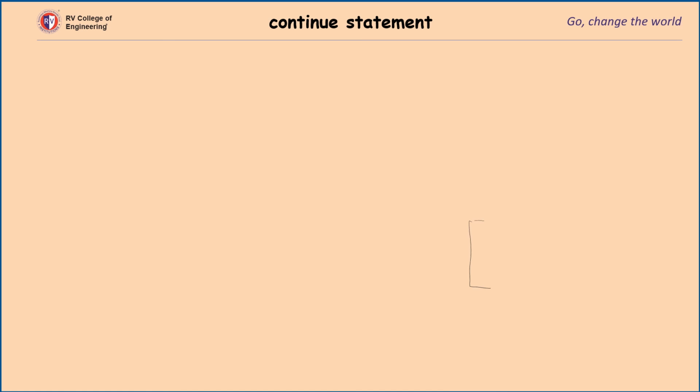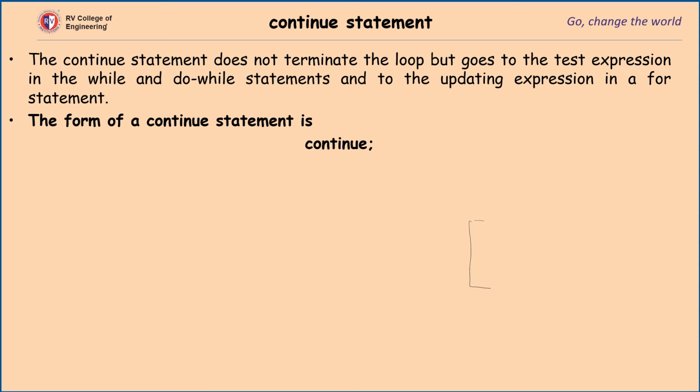Take one more statement, continue. This continue statement, as the name itself suggests, does not terminate the loop, but it goes to the test expression in case of while and do while, and it goes to the updating expression in case of the for statement. That means the statements that come after the continue statement will not be executed.